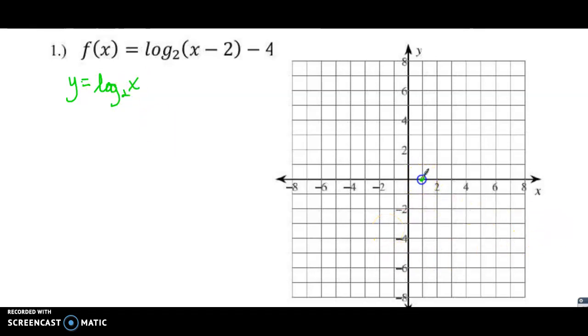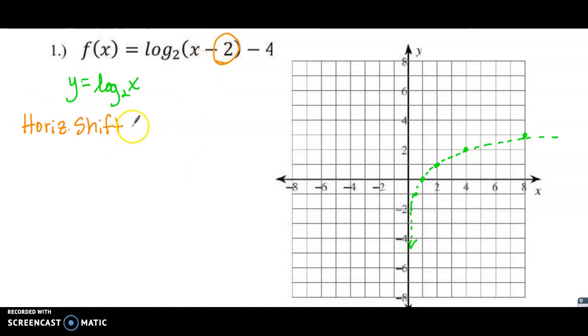So that goes through the points 1, 0, 2, 1, 4, 2, and 8, 3. I'll draw it as a dashed line, because it's really not our answer. Here's a half and here's a fourth, and we get close. So let's look at what our graph's going to do. Remember, the 2 inside touching the x, just as before, will be our horizontal shift.